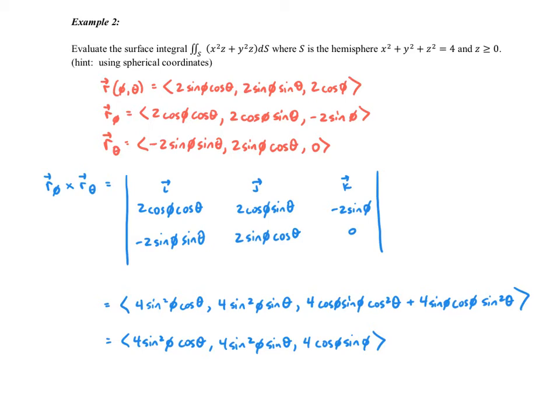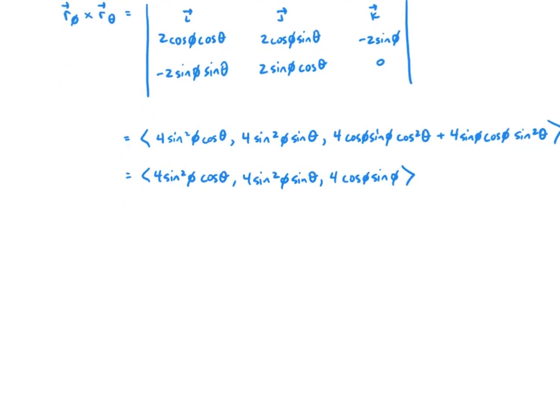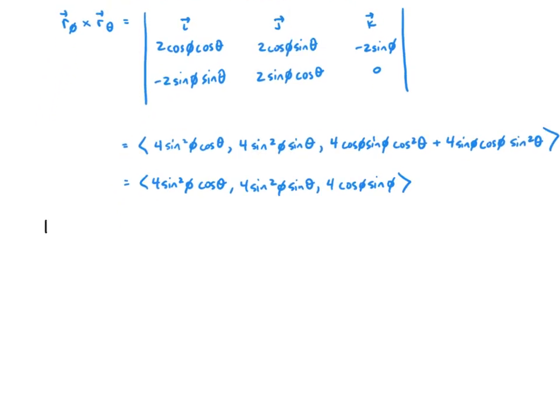Okay, now you already know what's going to happen here. We're going to do the magnitude of this. So the magnitude of this cross product is going to be pretty ugly as well. But you also probably suspect this will simplify. And if you do, then you're right.